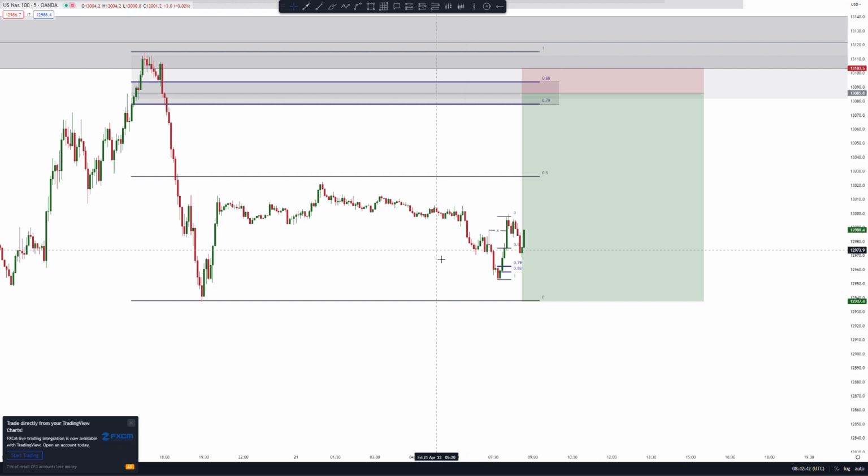Okay, and my stop loss is just gonna be here. 12955. 12955. Yeah. I'm already in deep profits.